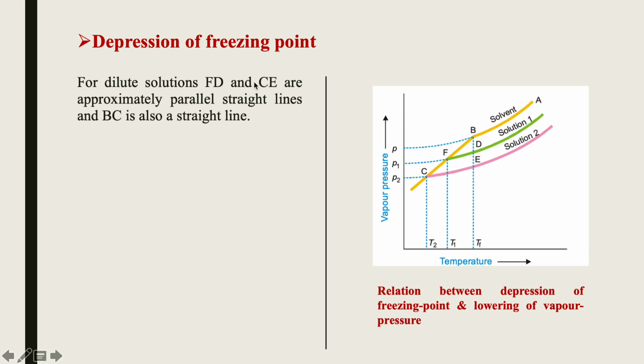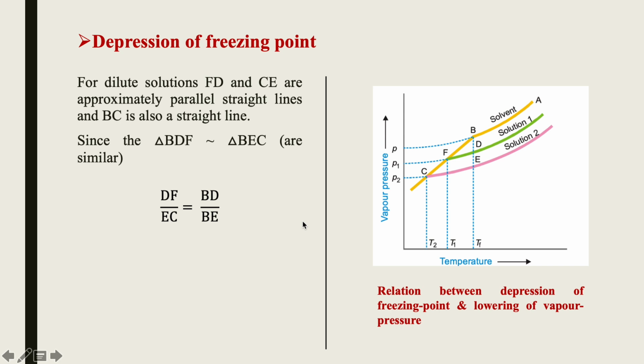So here FD and CE are approximately parallel straight lines, and BC is also a straight line. Since triangle BDF is similar to triangle BEC, these two triangles are similar.